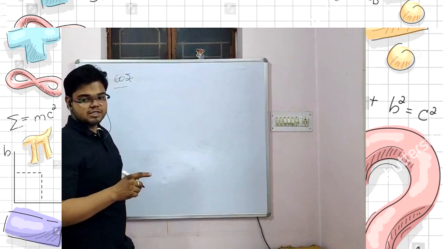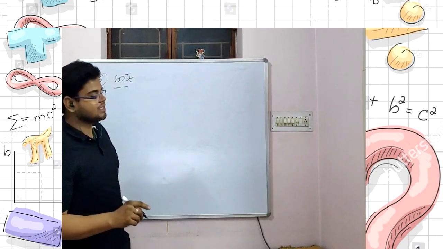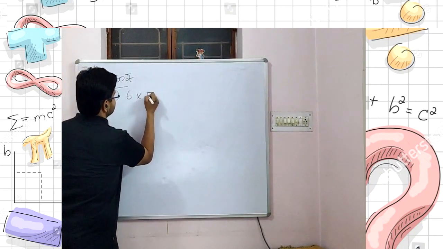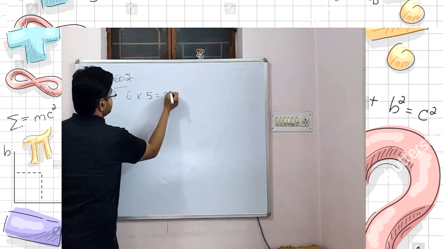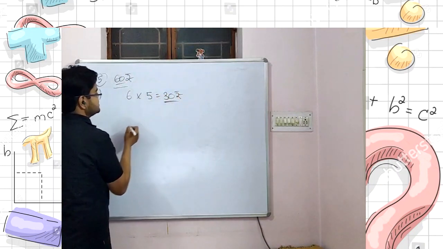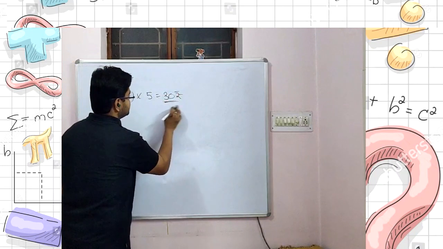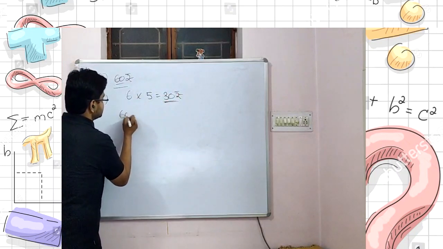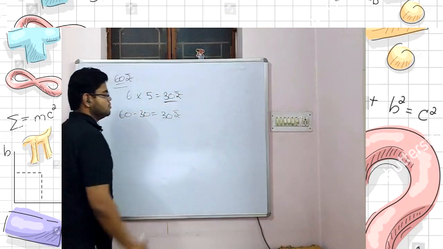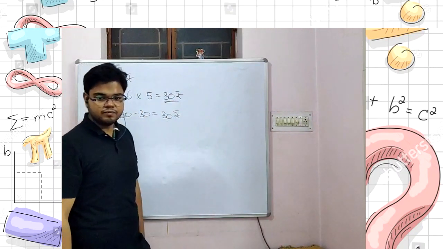Over 6 days she took out 5 rupees each day. So 6 into 5 equals to 30. So her initial rupees were 60. Now after 6 days she has spent 30 rupees. So 60 minus 30, we have 30.